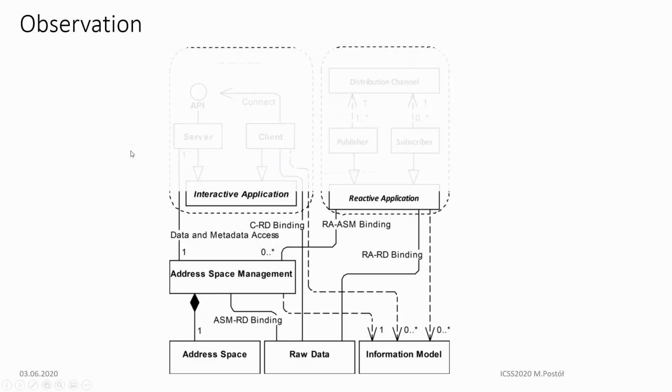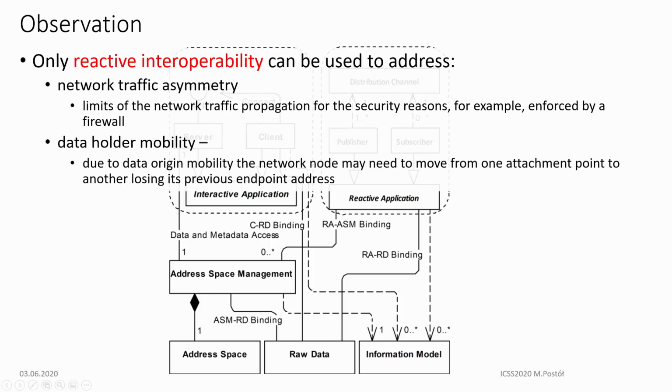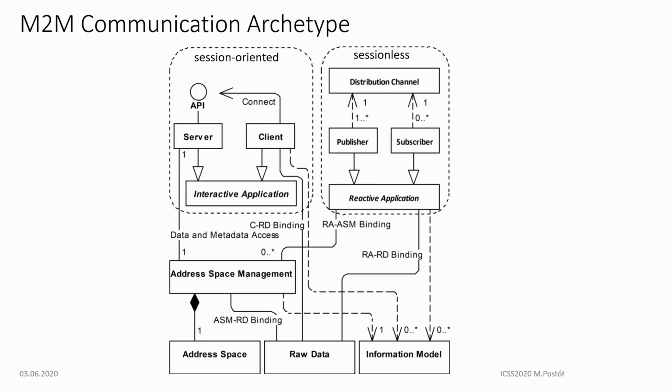This discussion can be concluded that only reactive interoperability can be used to overcome network traffic asymmetry and data holder mobility. Therefore, the further work is concentrated on this communication scenario. Still, the reusability of the existing concepts and solutions must be considered. To make two parties interoperable, both must use the same semantic context to assign meaning to bit streams exchanged over the wire.